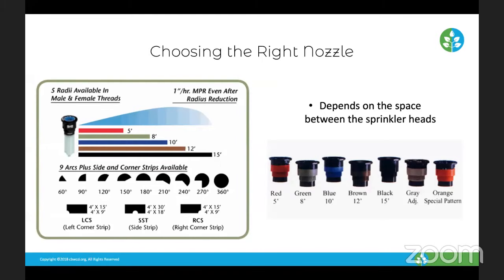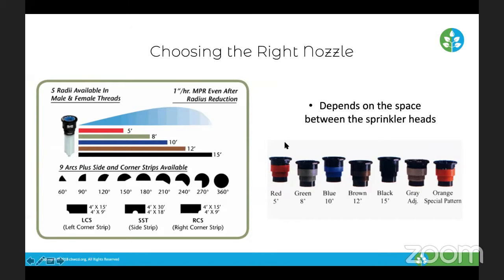I usually run into, especially in home irrigation, a hodgepodge of different distances. Throws, we call them throws in the industry. Even though the sprinklers are spaced out 10 feet apart, I might see a 15-foot nozzle in one sprinkler, and then adjacent to it, I might see a 10.